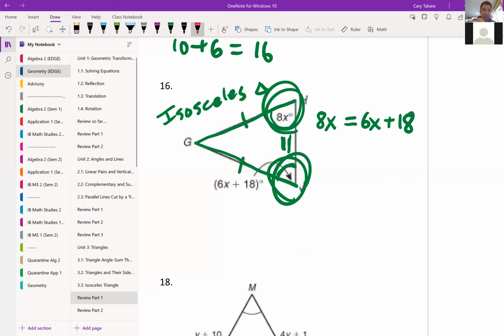So we've got 8x, 6x separated with the equal sign. So let's subtract 6x on both sides. It will be 2x equals 18. Divide by 2. Divide by 2.